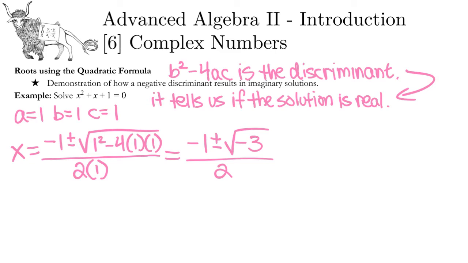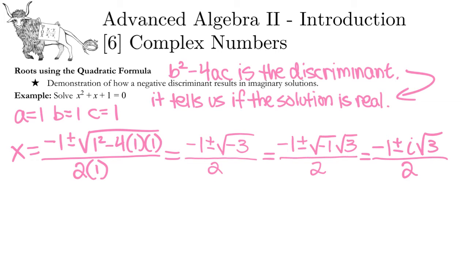Let's rewrite those solutions using i. We have x equals -1 plus or minus the square root of -1 times the square root of 3 divided by 2. The properties of square roots allow us to do that. Then let's just replace the square root of -1 with i. So we have x equals -1 plus or minus i root 3 divided by 2.